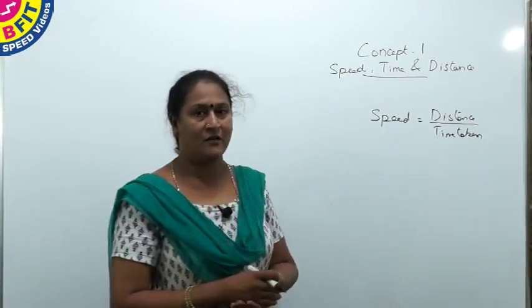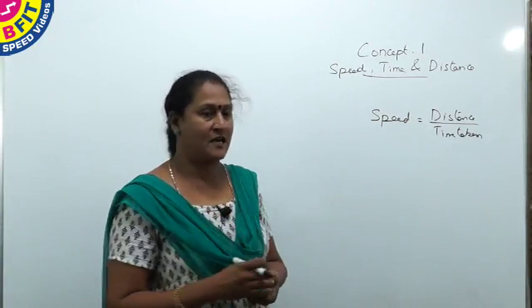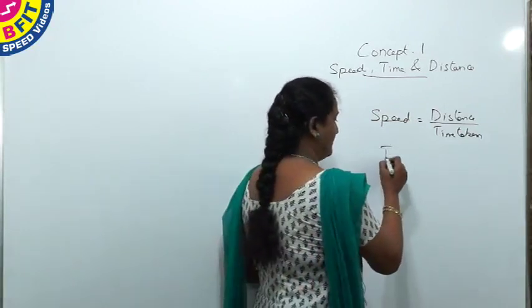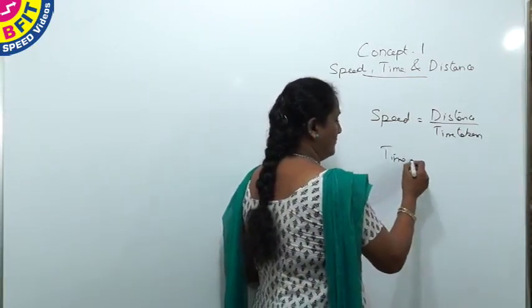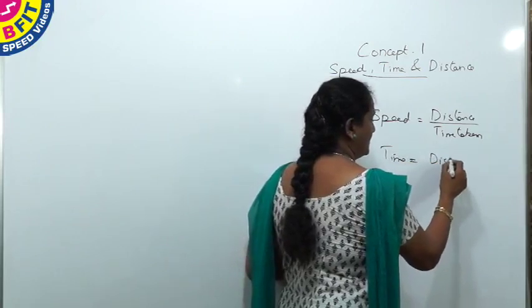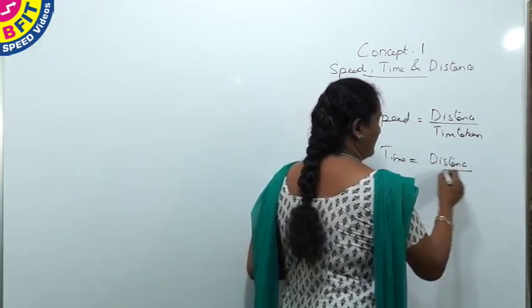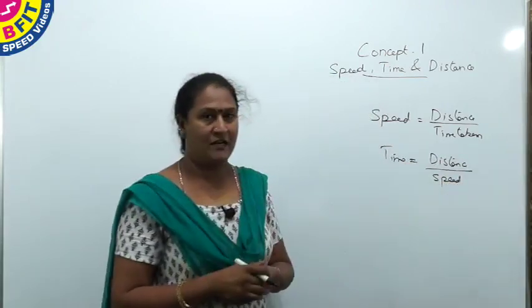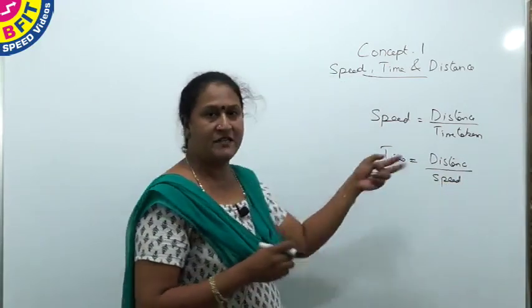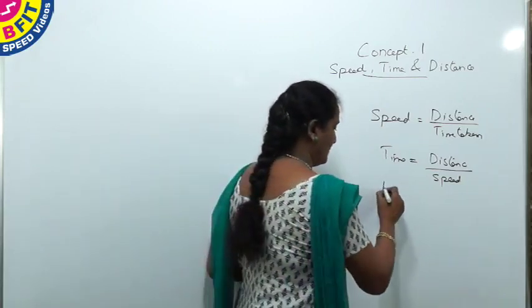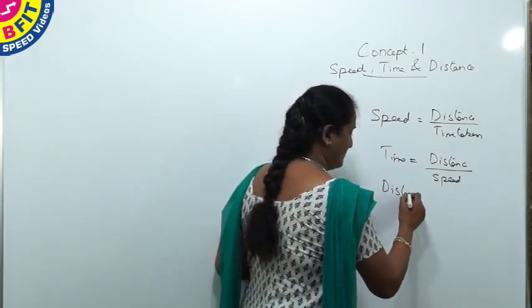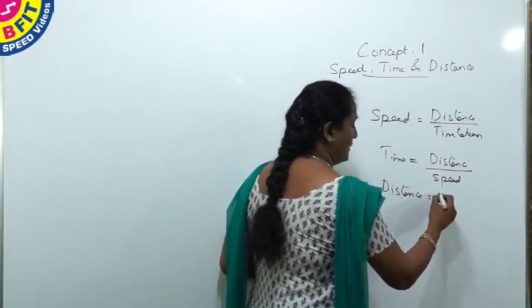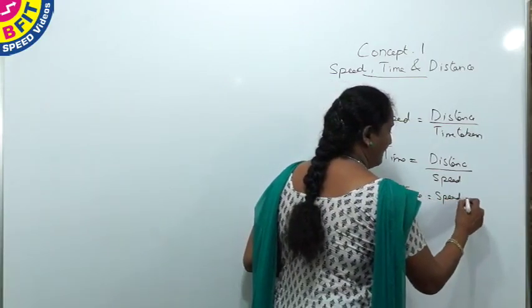So speed is calculated. Suppose if time is asked, dividing the distance by speed, we get his travel time. And in the same way, if distance is asked, we multiply the speed and time taken.